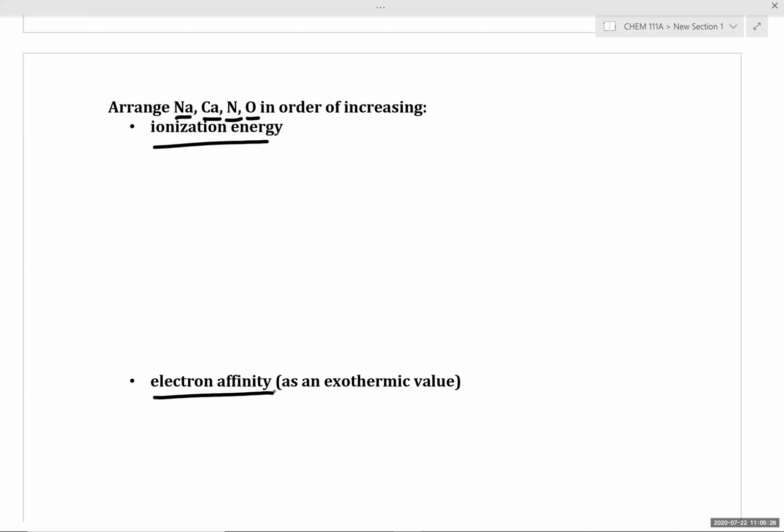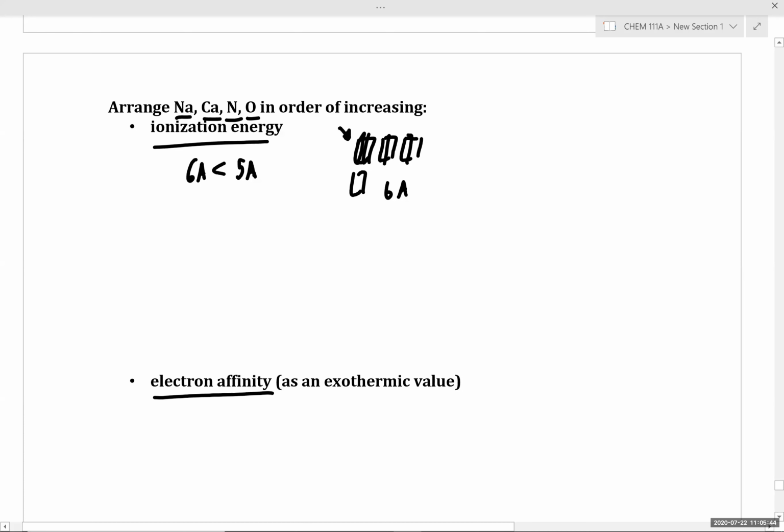So for ionization energy, we know that there's one major exception where 5A elements have a greater ionization energy than 6A elements. Again, what is the reason behind this? If we look at a 6A element, we notice that they have a set of paired electrons, and that paired electron is higher in energy and easier to ionize.